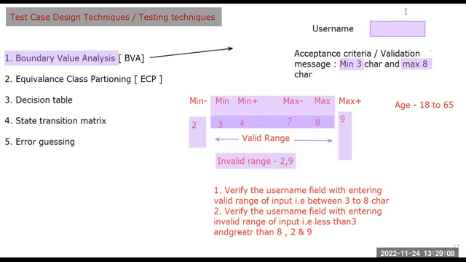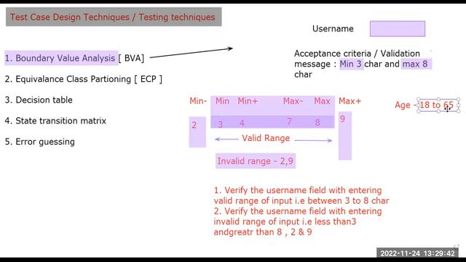Boundary value analysis, one of the most important concepts. Sir, how do we check a number or characters A, B, C, D? Number means 0 to 9, and letters A to Z. You can enter it. If it's a number, you can enter something like 19 and check whether this age field is accepting or not.